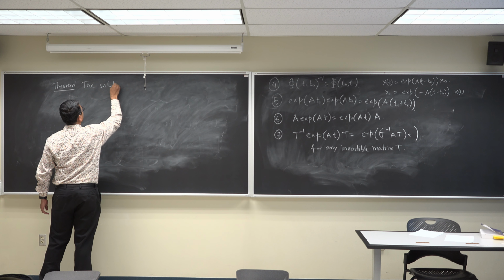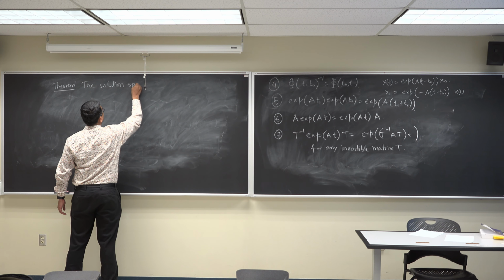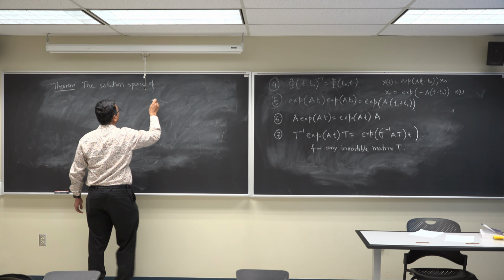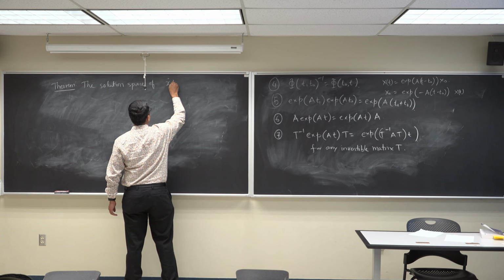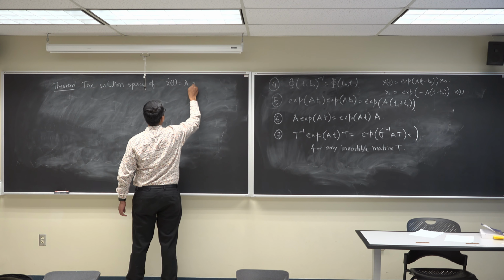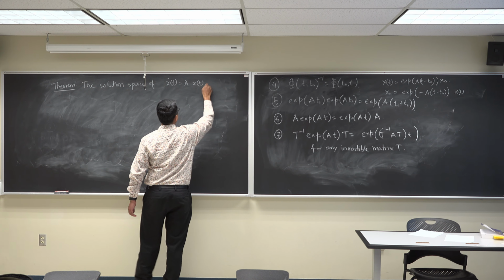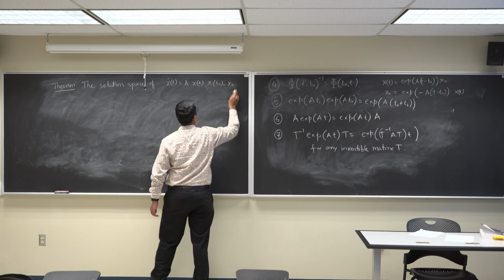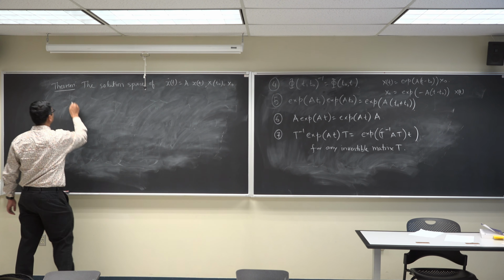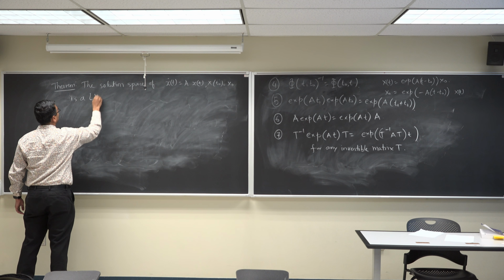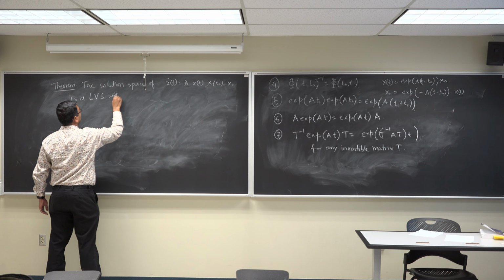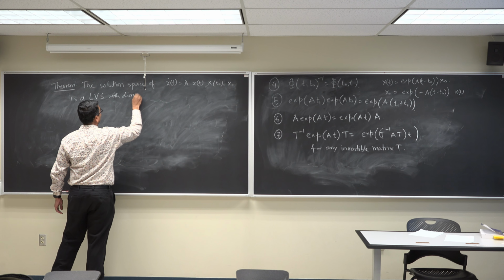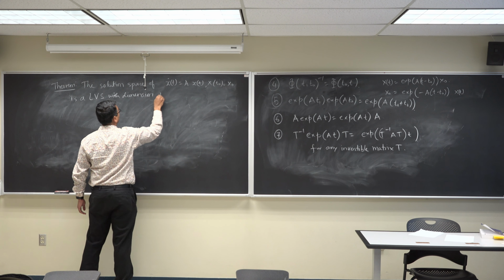The solution space of x dot t equals A x(t), x(t naught) equals x naught, is a linear vector space with dimension n.